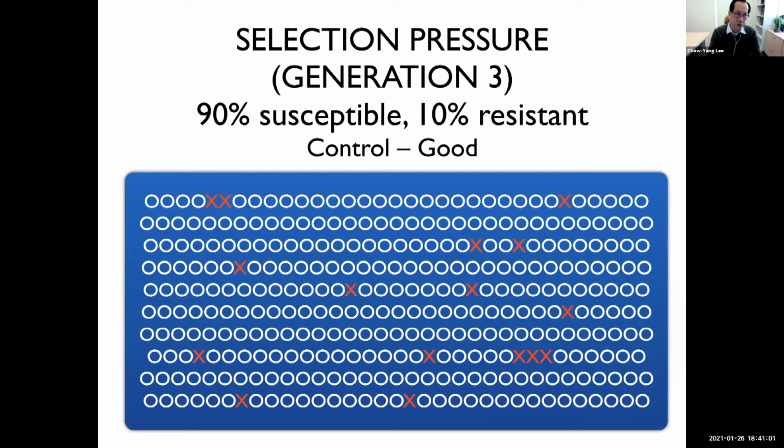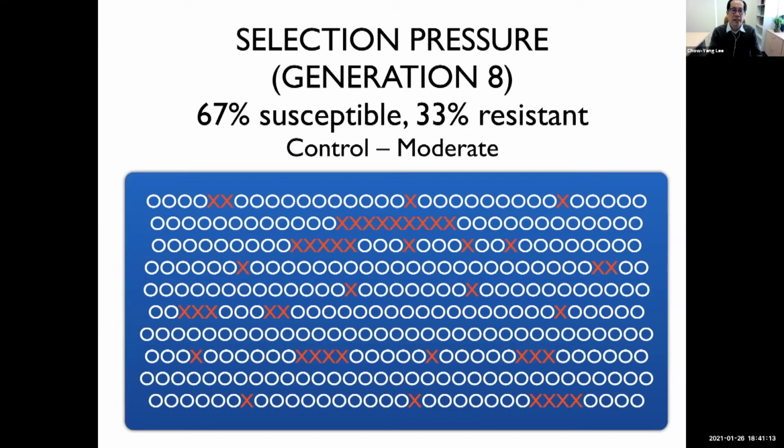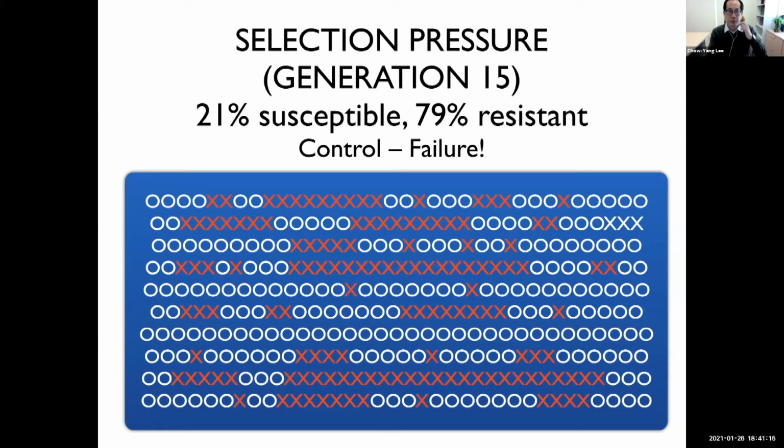But as they continue to mate and multiply, you would find more resistant individuals within that population. If you continue to select over many generations, up to a point you would find that predominantly the population consists of insects carrying the resistant gene, and that would give you a control failure.